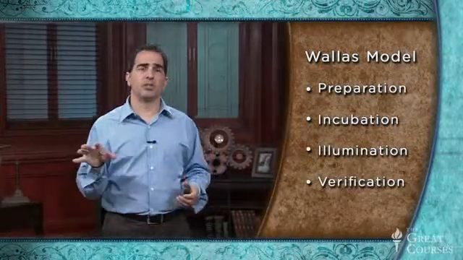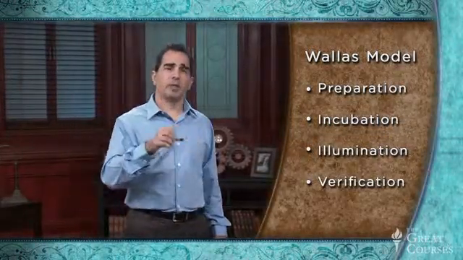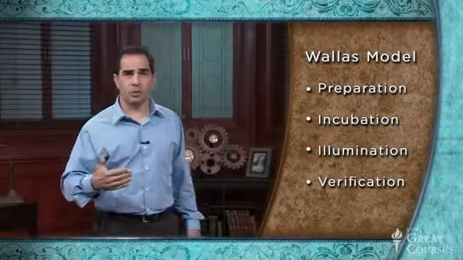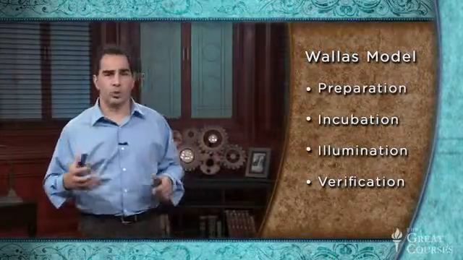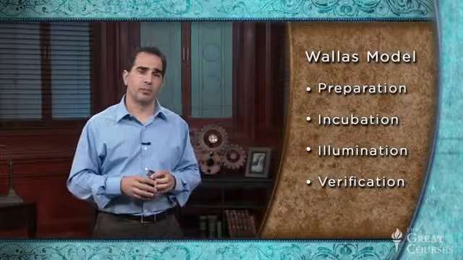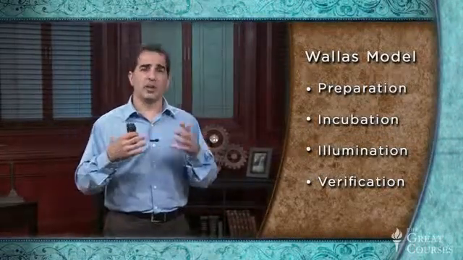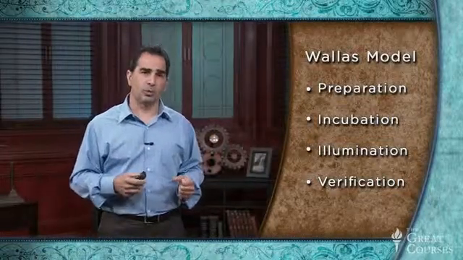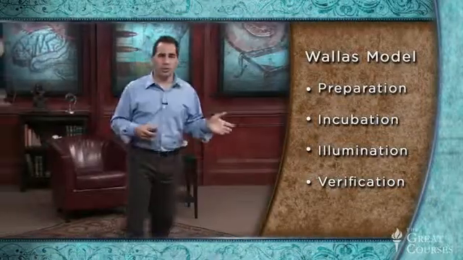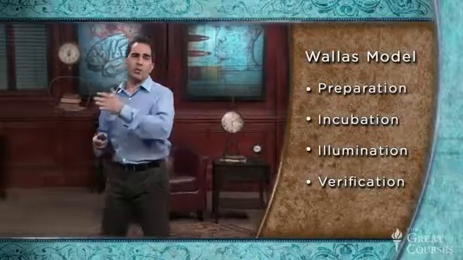Let me describe each step. Preparation is when the problem presents itself to you. You become familiar with your domain or the problem area. You're preparing your mind to understand the ins and outs of the problem that you're trying to deal with. Incubation is when you go away from the problem.